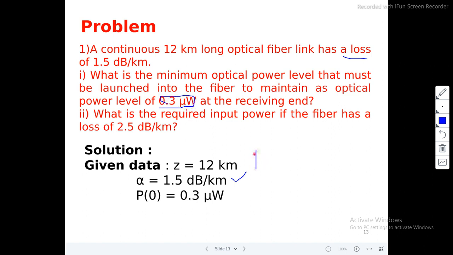The output power in general is P of Z, so we calculate the P of Z value.